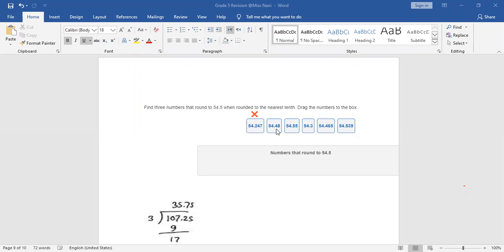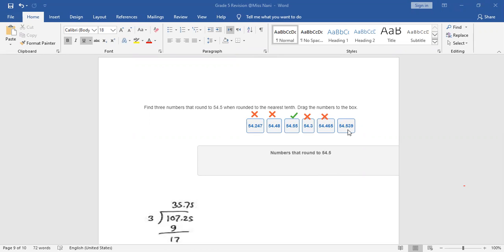54.48, so 4 is smaller than 5, so it will not be rounded to 54.5. 54.5 is already a 5, so yes, it will be right. 54.3, no, it will be rounded to 54, not to 54.5, because 3 is smaller than 5. 54.4 also cannot be rounded to 54.5 because 4 is smaller than 5, even if the numbers after it are greater than 5.